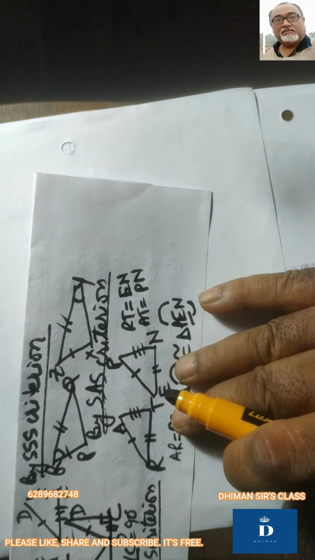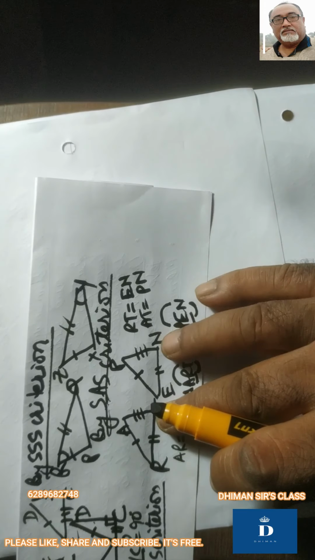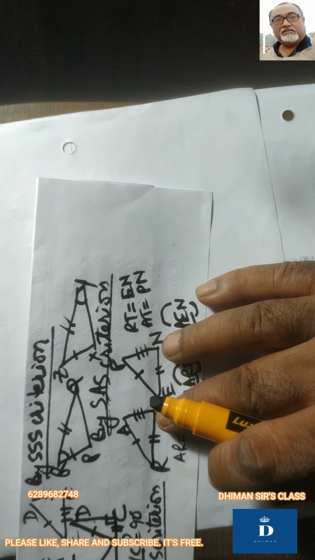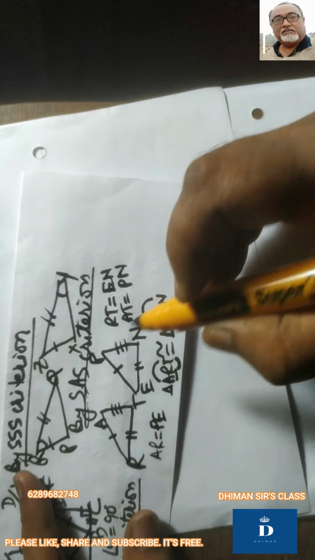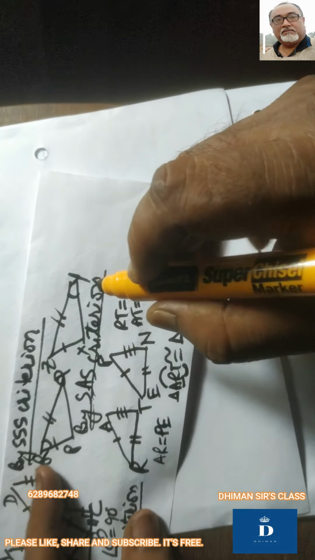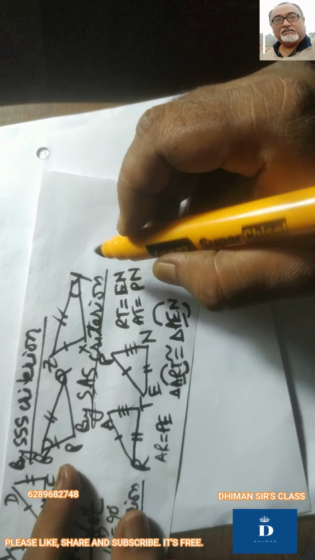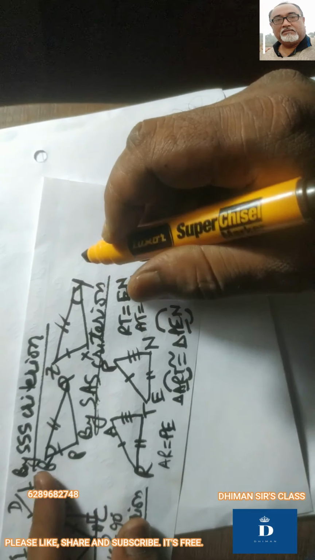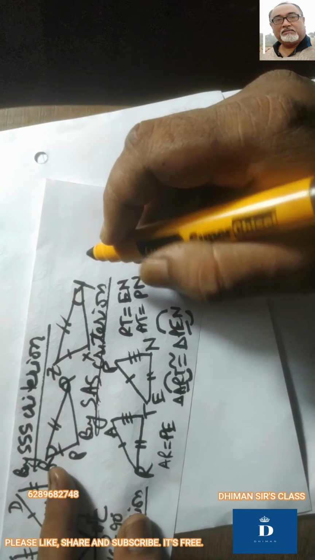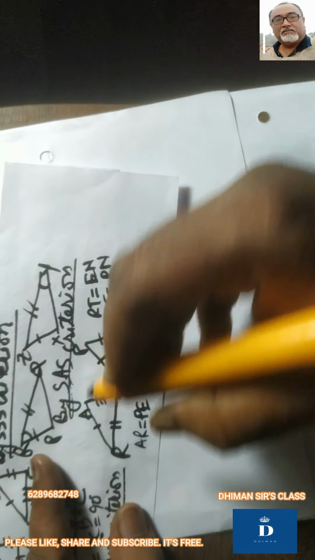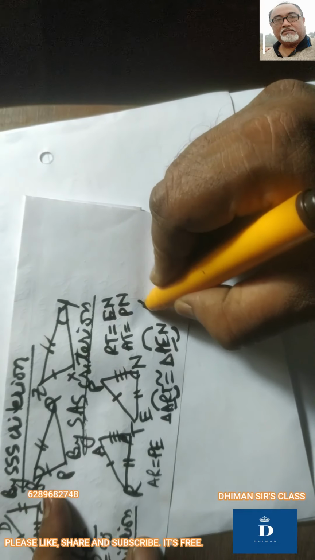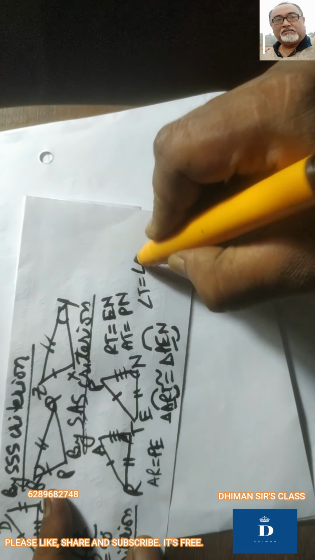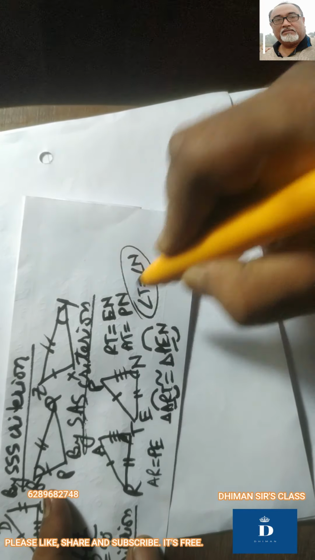Okay, students. Now if the criterion is side angle side, in that case what do we need to do? RT is equal to EN, and they are telling angle T is equal to angle N. This is given.